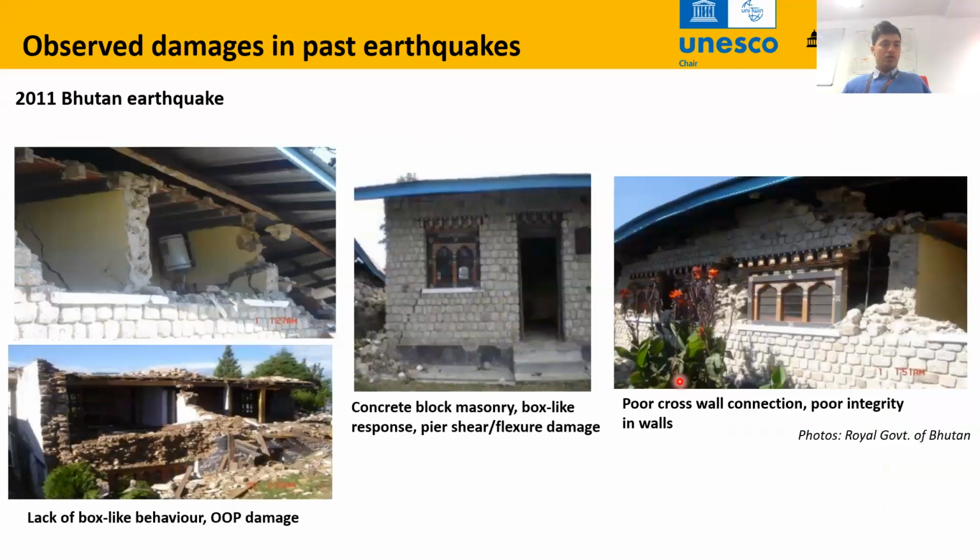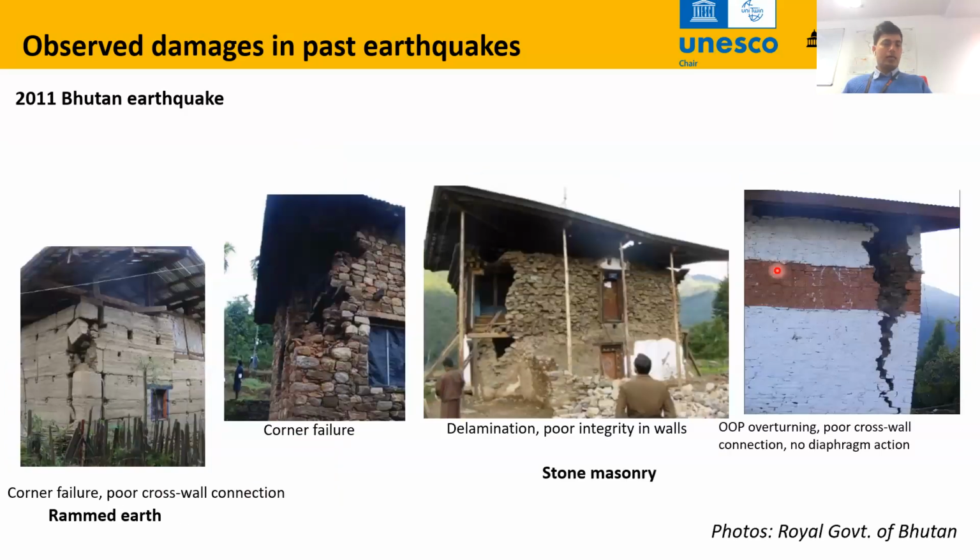In the 2011 Bhutan earthquake, similarly here, lack of box-like behavior, lack of diaphragm action, therefore out-of-plane damage. Here again, there is diaphragm, so in-plane failure modes, and here poor cross-wall connection, causing the out-of-plane failure of those upper portions. Again, more examples.